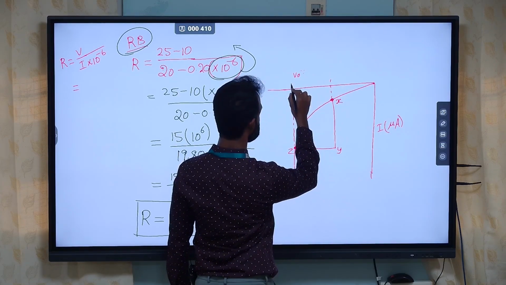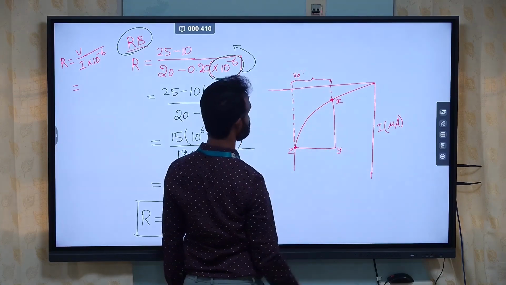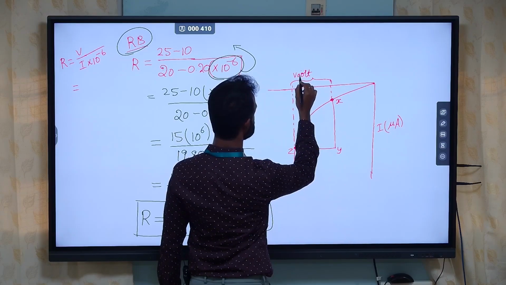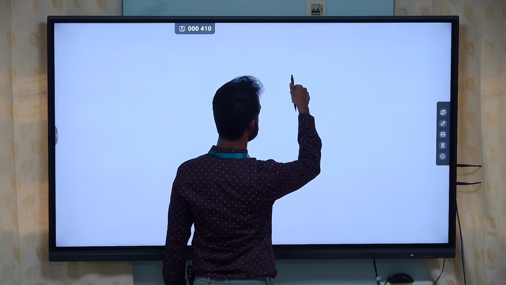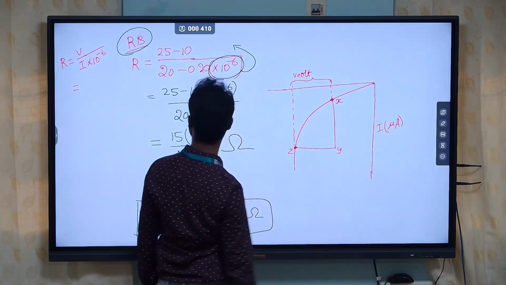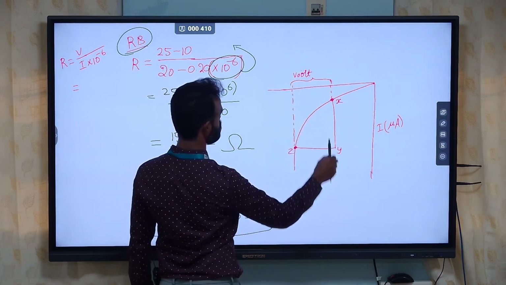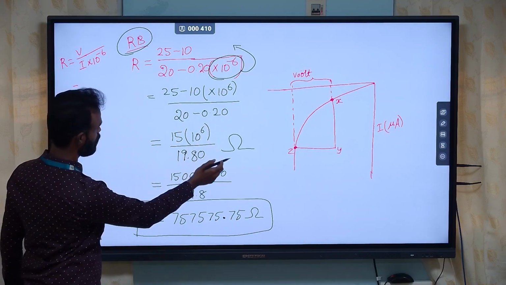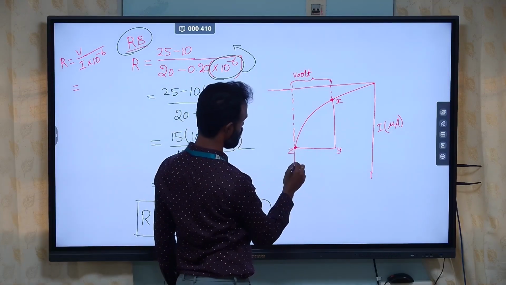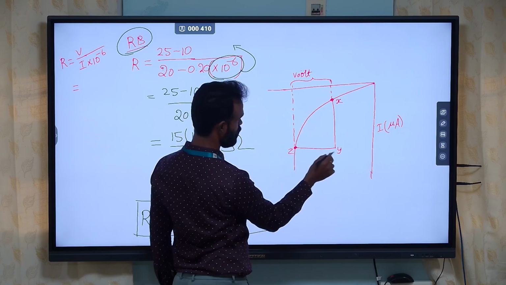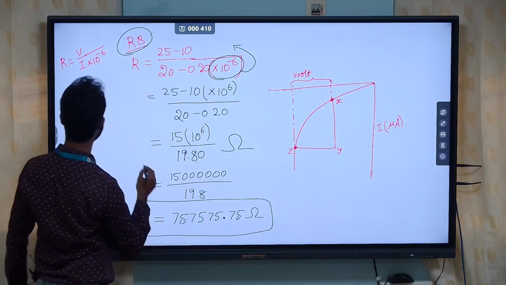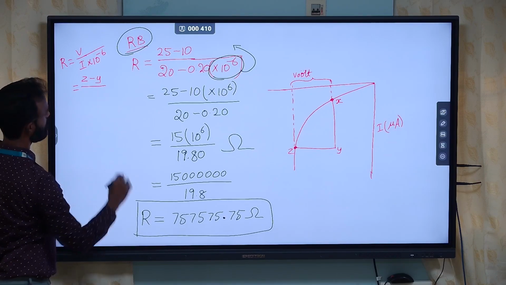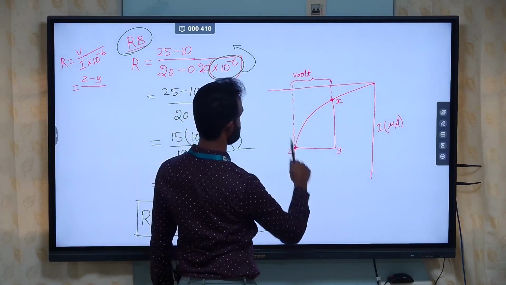So we need the distance from here to here. This is voltage. So from here to here, we need to subtract the bigger number minus the smaller number, Z minus Y. We will get voltage.